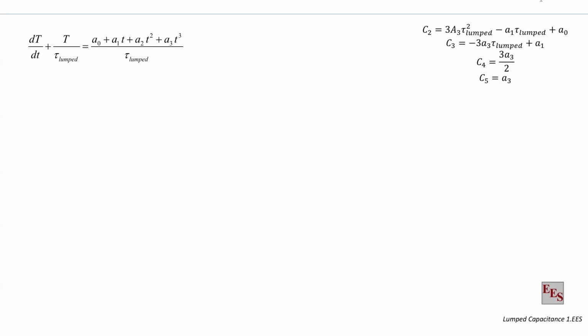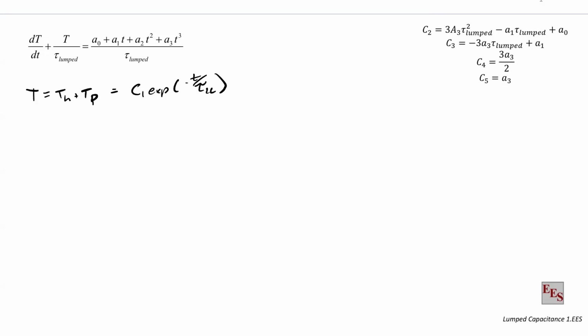So let's just recap a little bit here. We said our temperature expression, which is T_H plus T_P. The homogeneous part was C1 times exponential of minus t over tau lumped, or tau LC, I'll just abbreviate it.